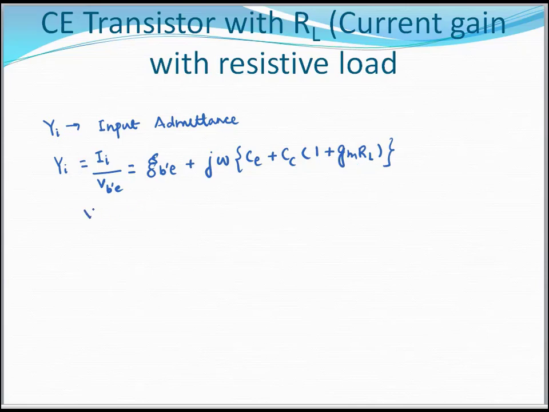Or we can write Yi is equal to Gb'e plus j omega Ci. So we have already defined Ci, input capacitance, that is Ci is equal to C plus Cc 1 plus Gm RL.